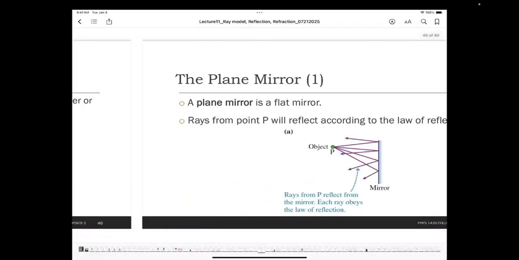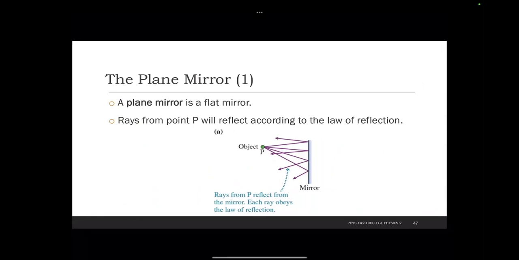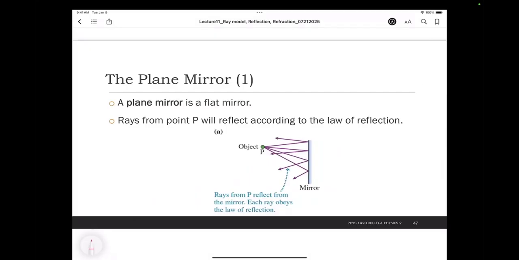Okay. A plane mirror is a flat mirror. Rays from point P reflect according to the law of reflection. I think this is normal, am I right? Because the mirror is flat, rays from P reflect from the mirror and each ray obeys the law of reflection.